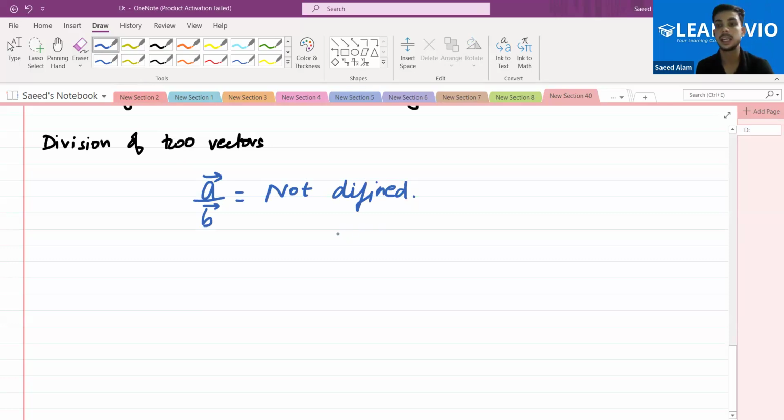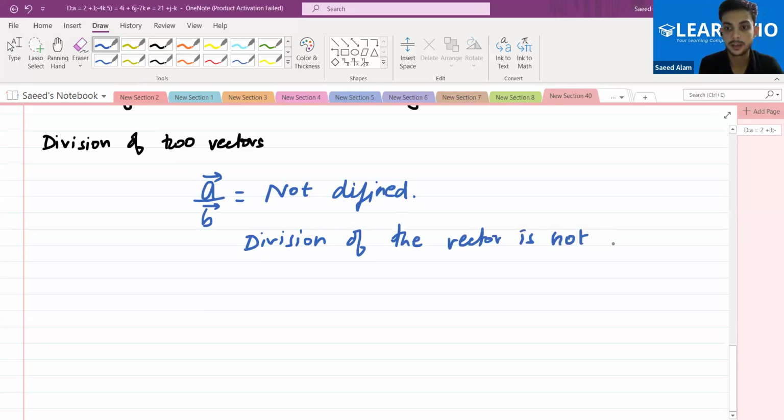That means we can't divide the two vectors. Division of the vector is not defined.